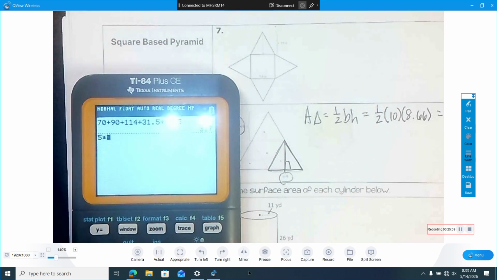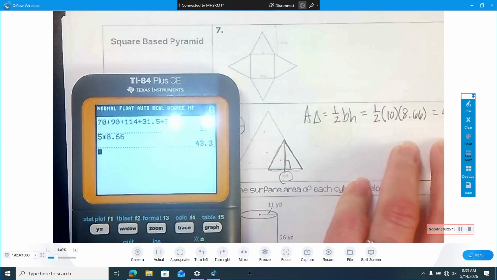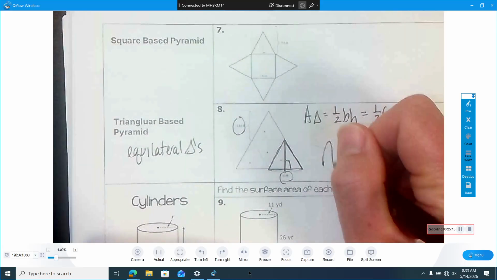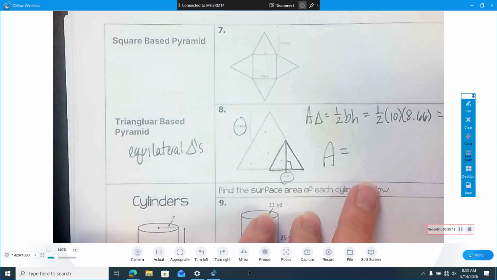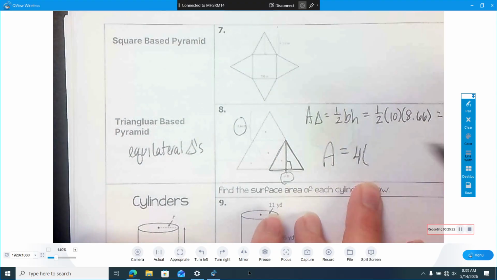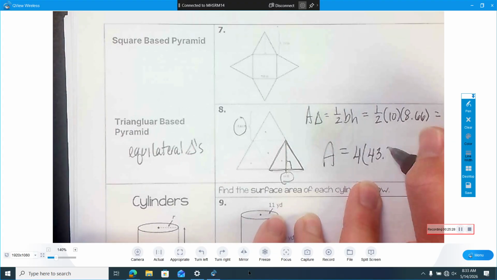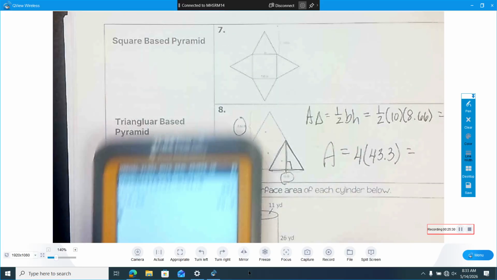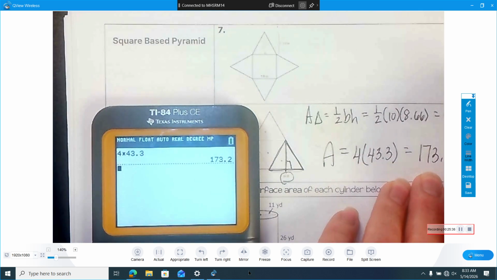That's 5 times 8.66, which is 43.3. How do we find the total area? Times it by 4, exactly. There's 4 of those equilateral triangles, all the same size, so 4 times 43.3 is 173.2 feet squared.